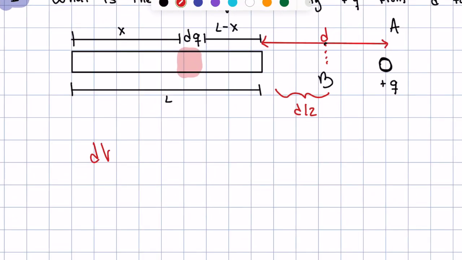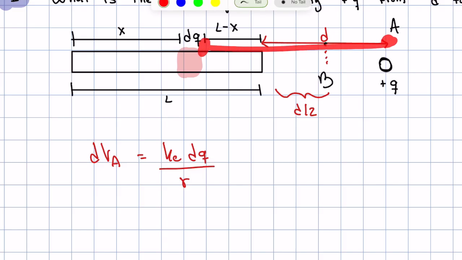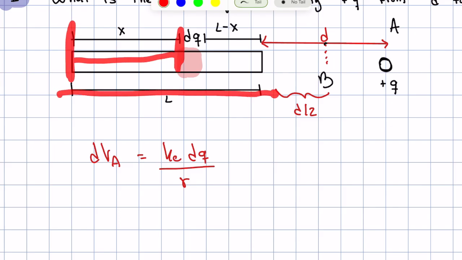dVA, the electric potential at point A due to a little bit of charge dQ, is going to be equal to Ke times dQ over R, where R is the distance from point A to our charge. We're going to define X as being the distance here to our charge, and then L is just the length of the rod.